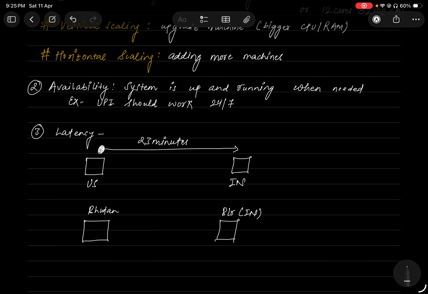Now since the US is at a considerable distance from India, it's taking 23 minutes to get a data package, or to get a data server response, or whatever packets we need. Now Bhutan is a neighboring country of India, so it's only taking 3 minutes.